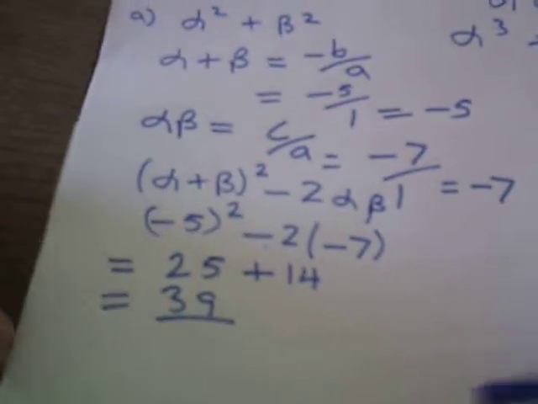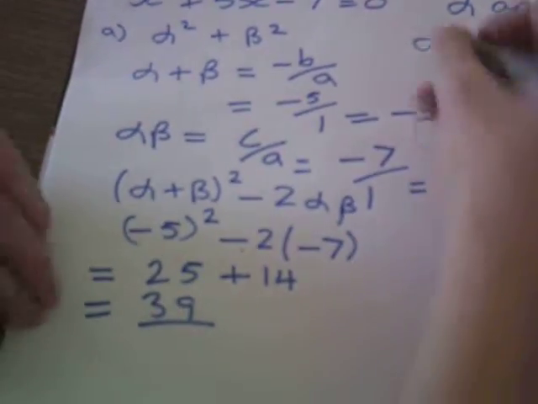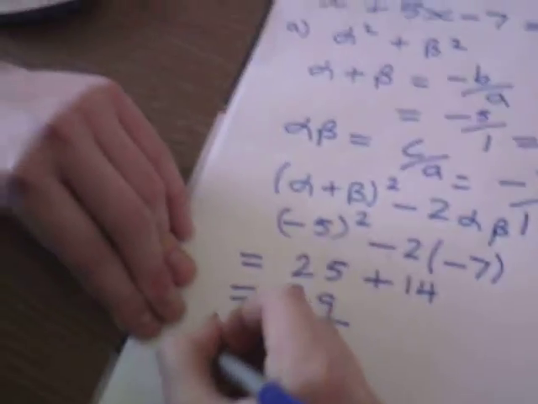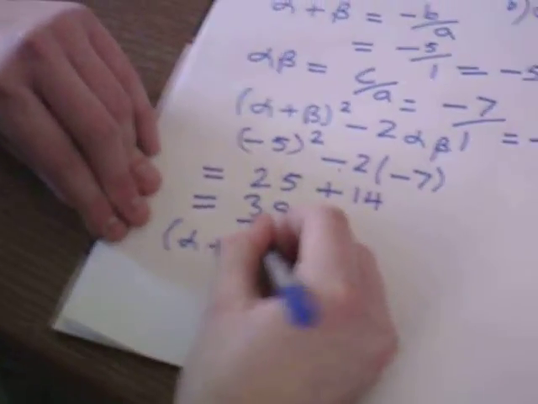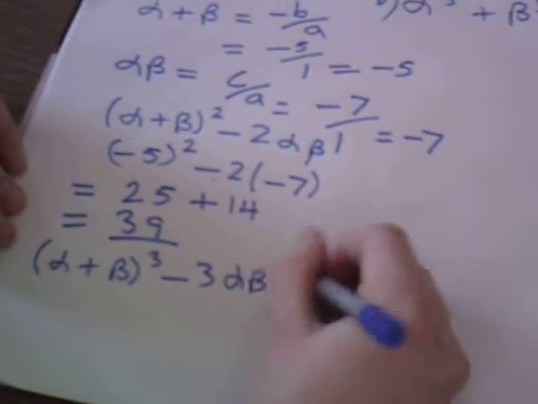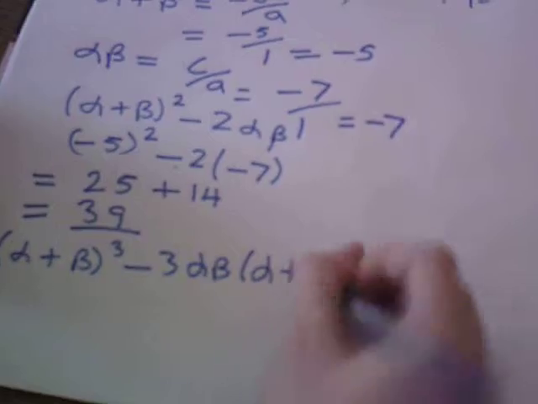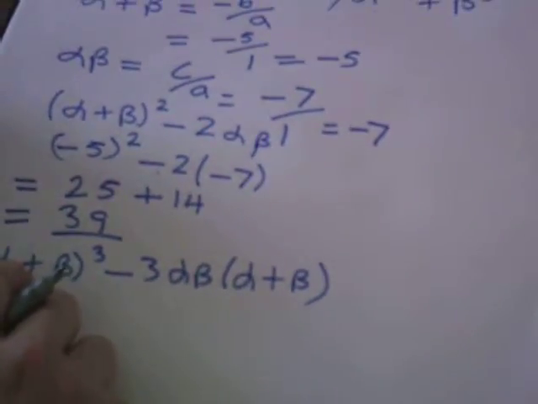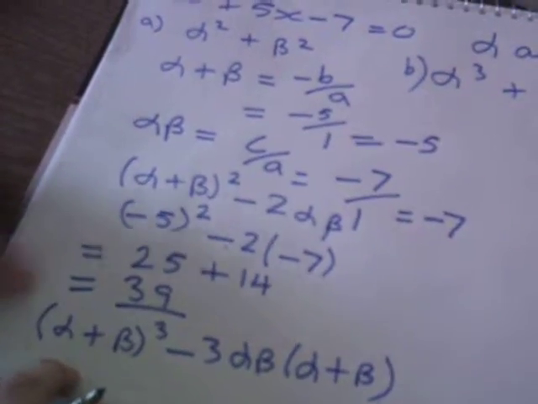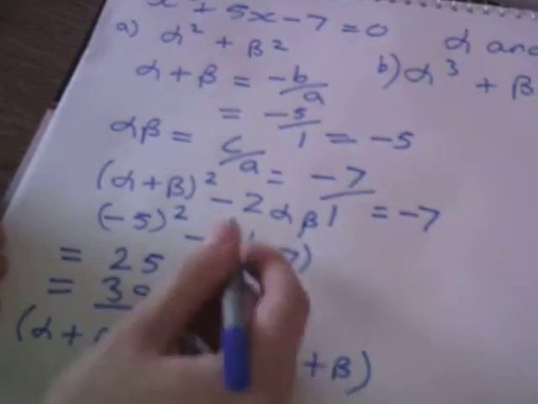Okay? Similarly, to work out alpha cubed plus beta cubed, we have to follow a similar formula, which is simply alpha plus beta all cubed minus 3 alpha beta brackets alpha plus beta. Okay, as you can see they're all in terms of these two, alpha plus beta and alpha beta, so we can substitute numerical values in like we did for the previous one.